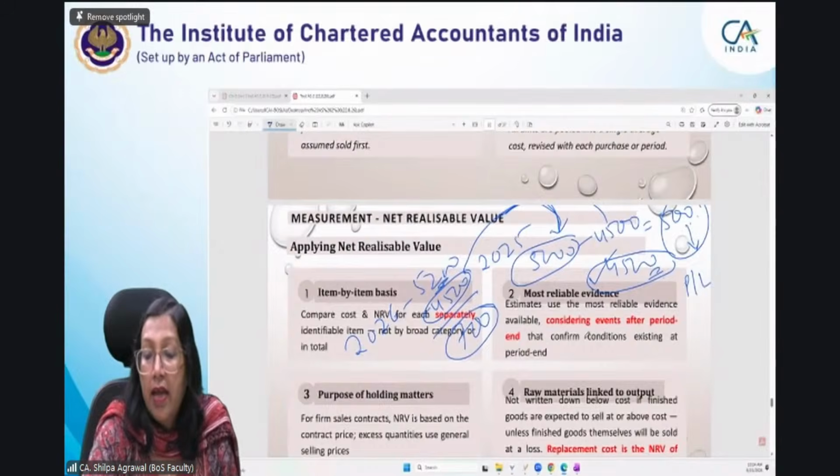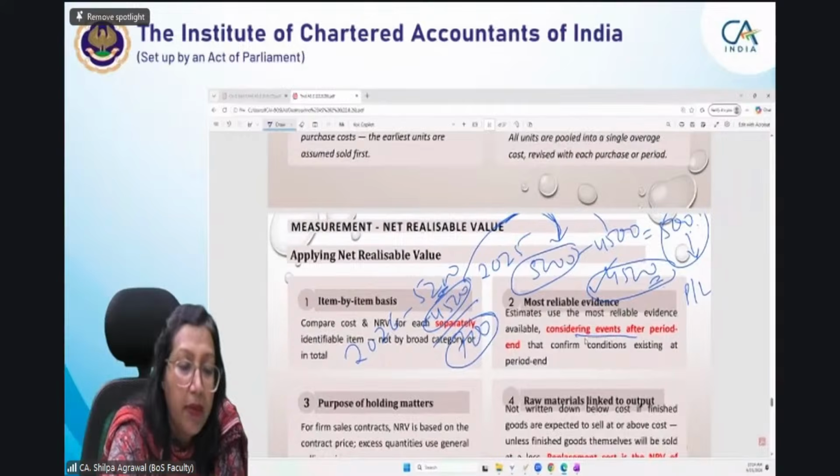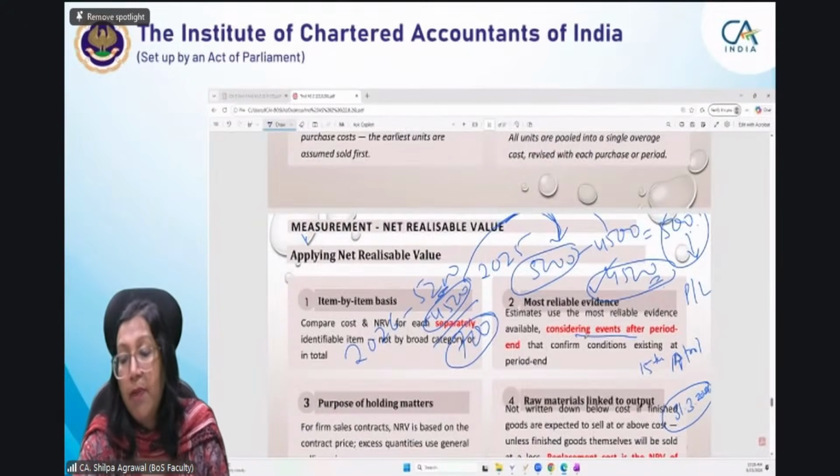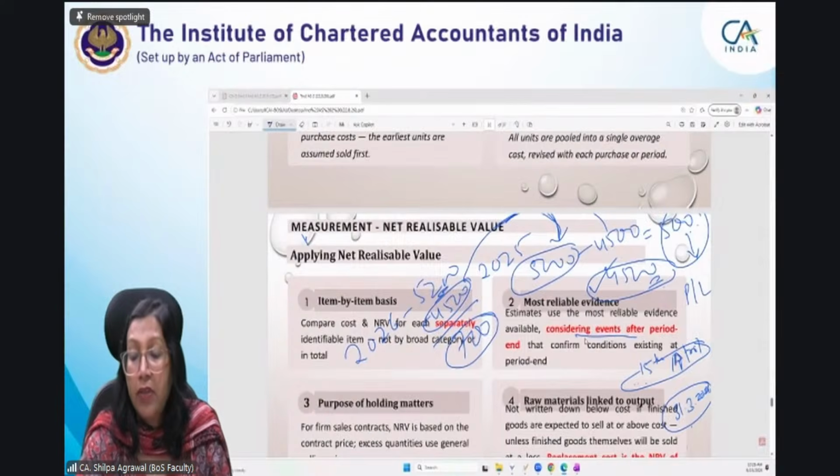Means suppose you are identifying the most reliable evidence on 15th April, and you found on 15th April certain new outcomes which show that the conditions prevailed on 31st March 2026, the date for which you have to do the inventory valuation, it confirms the condition existing on this particular date. Then whatever selling price is there on this date, you will consider as the estimated selling price to calculate the NRV for the inventory which you are holding on 31st March. Okay.